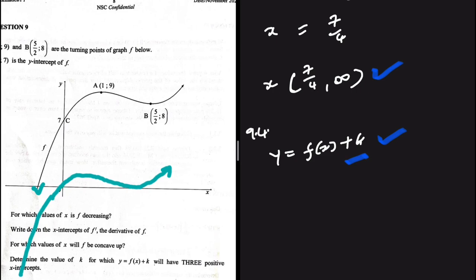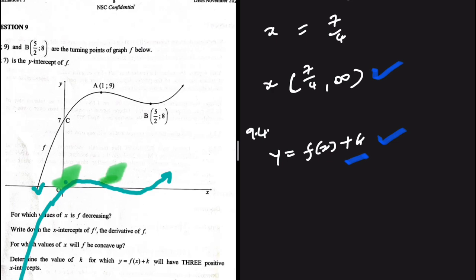But take a look at this. What happens there? Now we have 3 positive, right? Let me show you why. We have this positive one here, we have another positive intercept here, and we have the third one there. So when k takes the function down, we have plus k here, so we need to be careful with how we write this.